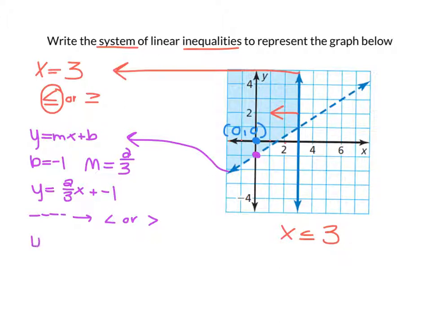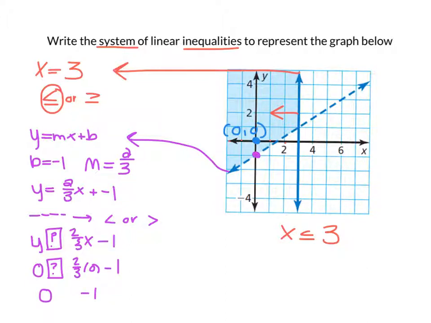So here I have y, I'm going to put a question mark in the middle, 2/3 x minus 1. So here at the point (0, 0), y is 0, so it's 0, question mark, 2/3 times 0 minus 1. So I have 0 on the left, a -1 on the right.